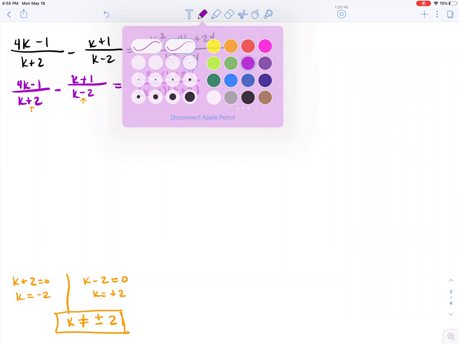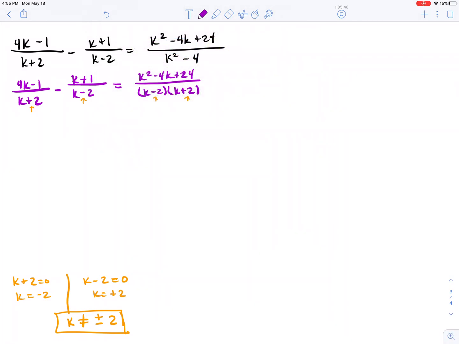All right, what is my LCD? My LCD is k plus 2, k minus 2, because those are common between the three expressions. I'm going to do a little shortcut and distribute as I go.